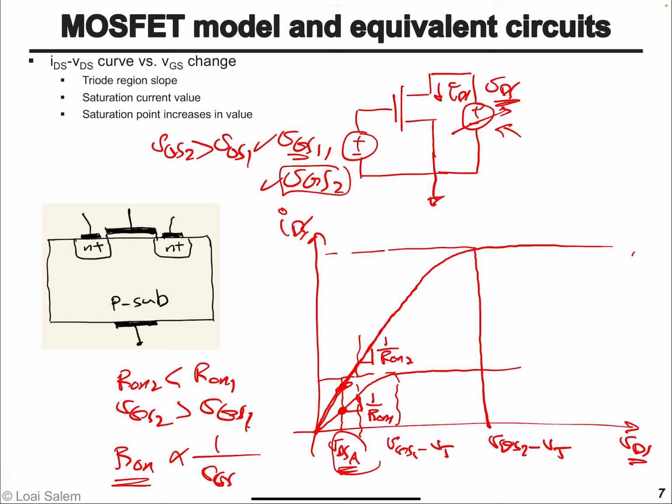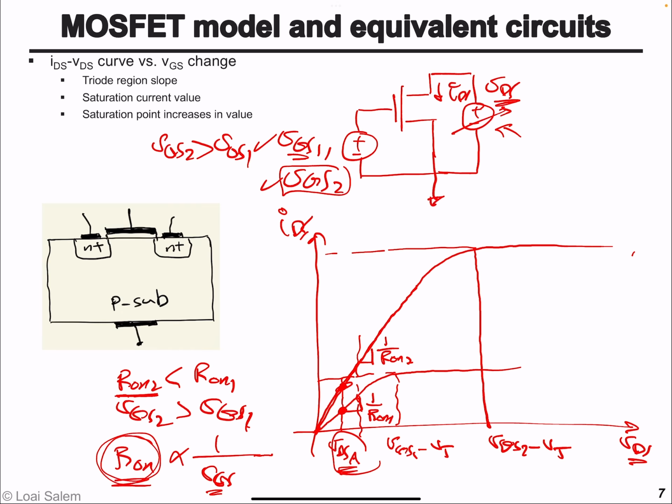Okay, so the first observation, the slope of the line increases, and this means basically the equivalent on resistance of the transistor decreases, and in general this means that the equivalent on resistance of the transistor is inversely proportional to the gate to source voltage VGS.